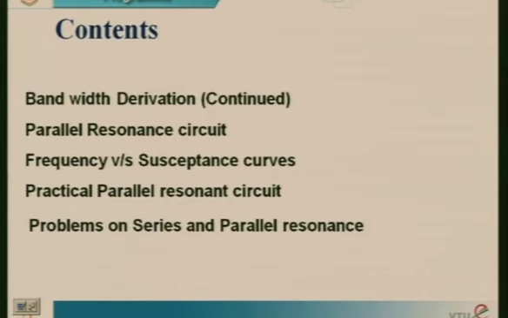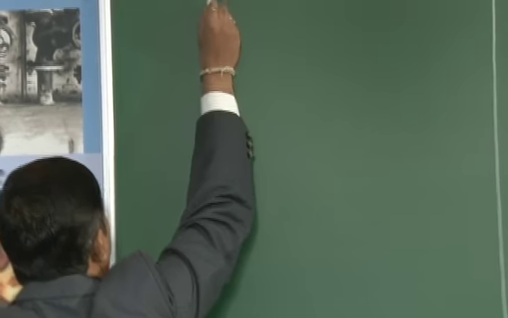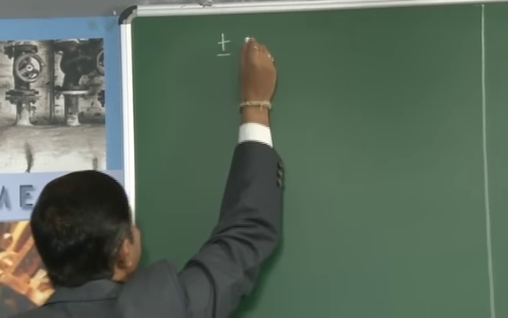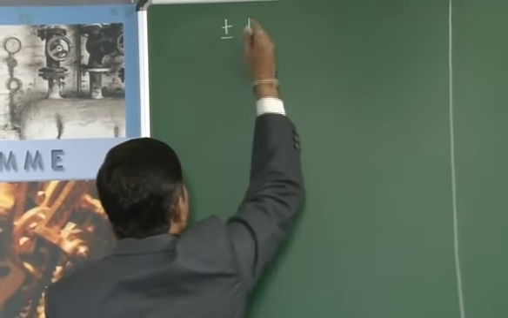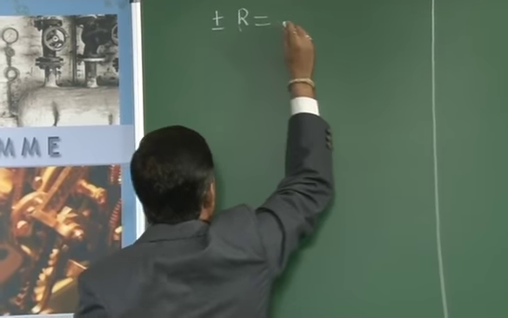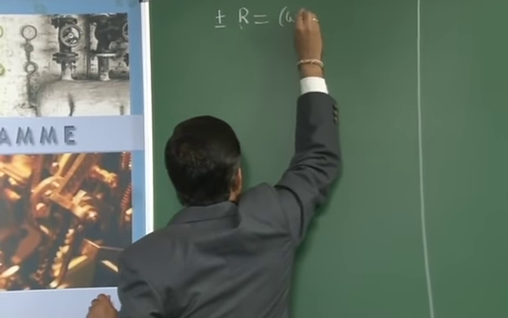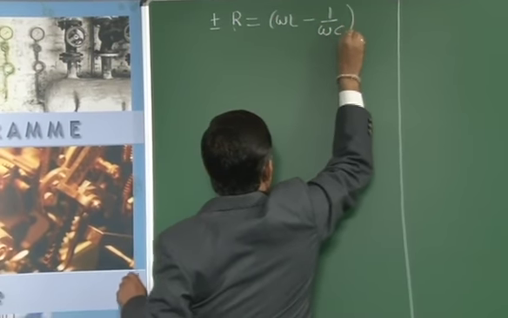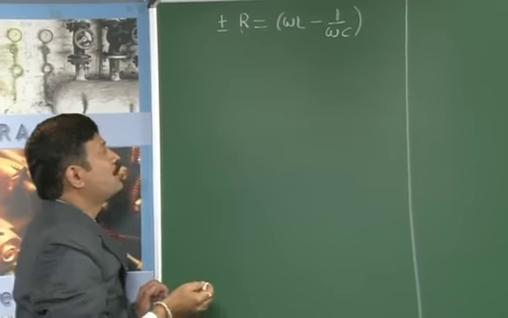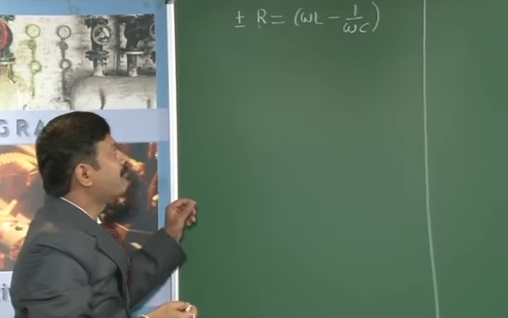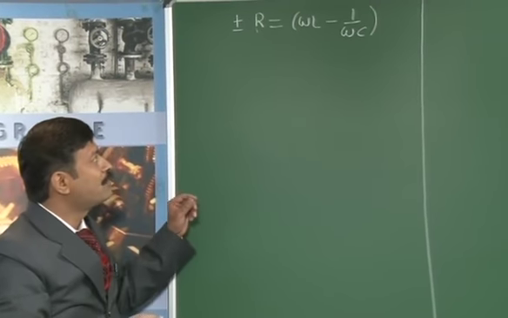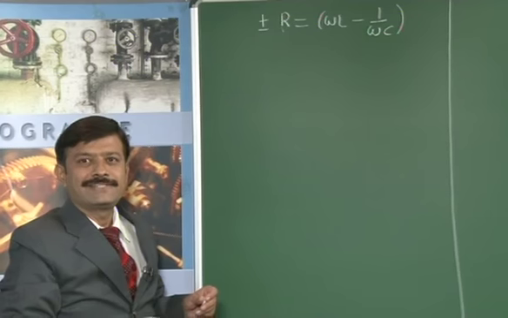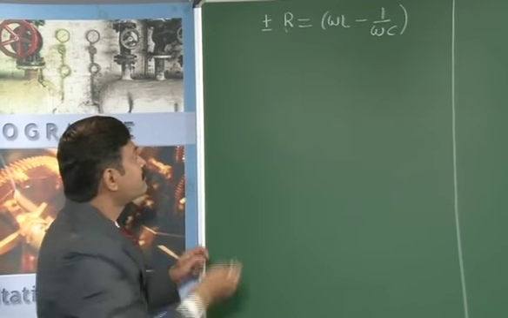In the last class, I showed this expression: plus or minus R is equal to omega L minus 1 by omega C. So, the resistive part of the series network is equal to the reactive part of the series RLC network.